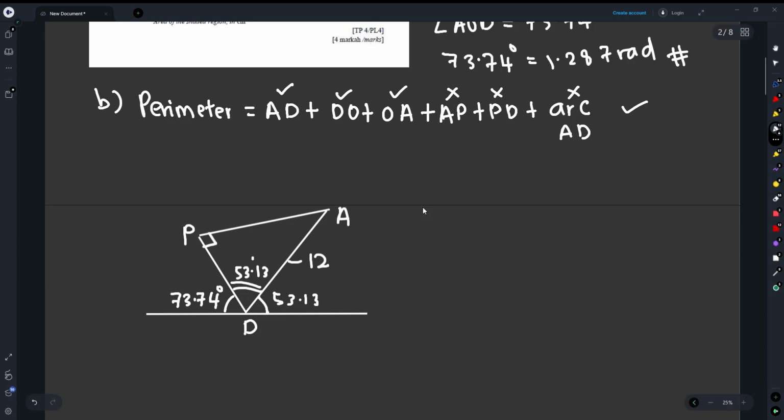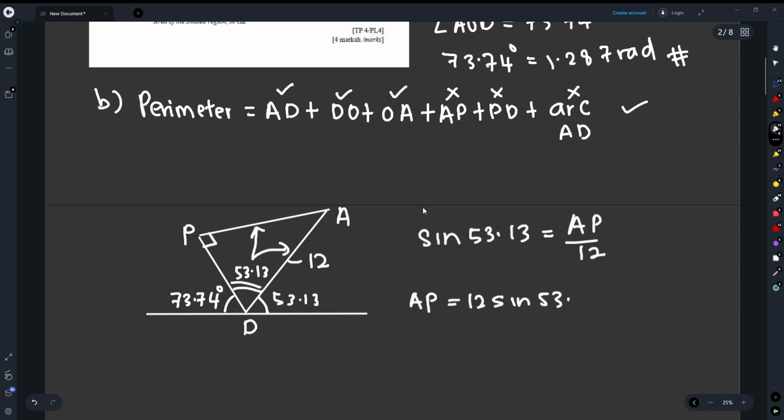I take this one as opposite and this one as my hypotenuse. Opposite and hypotenuse is sine. So sine 53.13 equals AP over 12. Therefore AP equals 12 sine 53.13. What is my solution for AP? I will get 9.6 cm. Perfect. So I already know my AP is 9.6 cm.